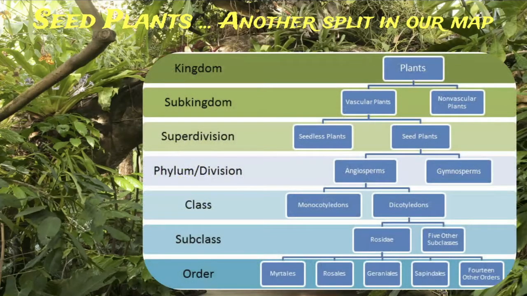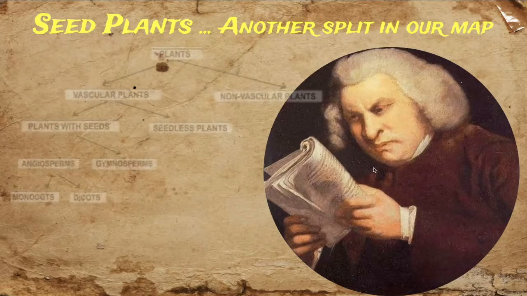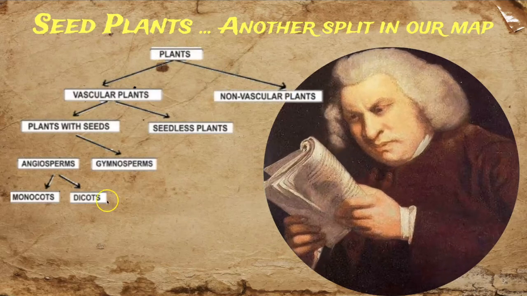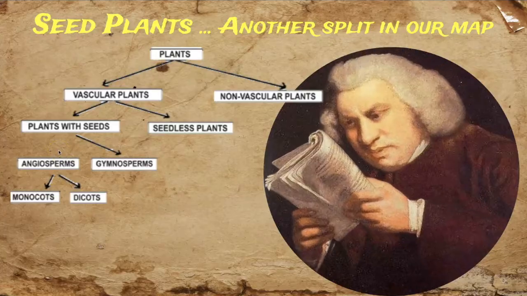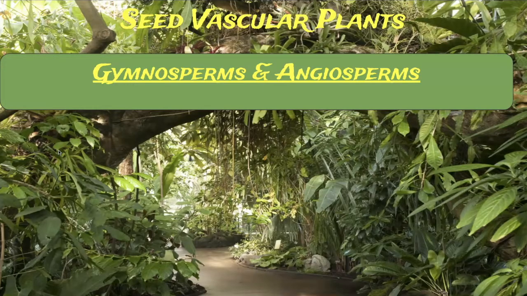And again, our seed plants is going to be another split. And this next split is what we call our gymnosperms and angiosperms. So there's a way that I like to tell people to remember the difference between gymnosperms and angiosperms.